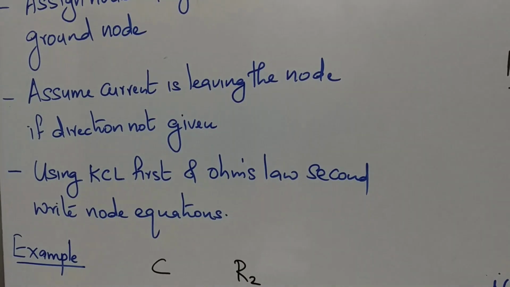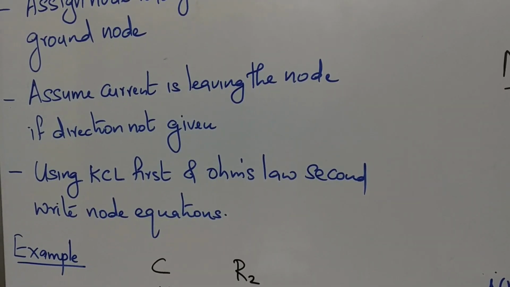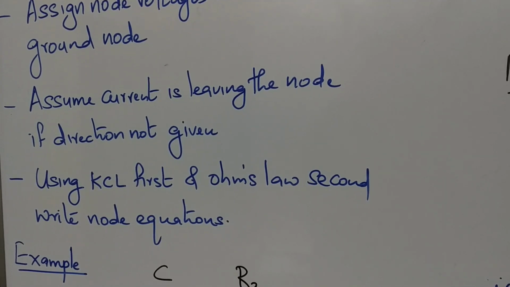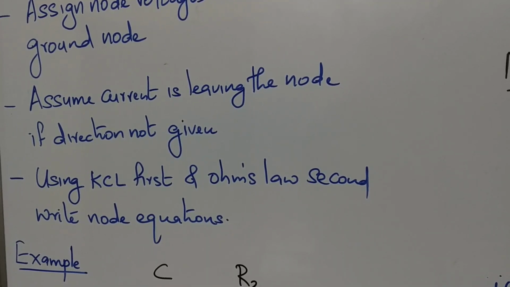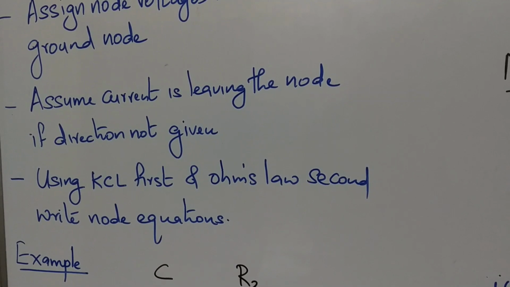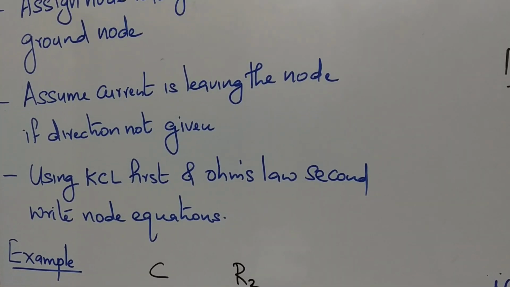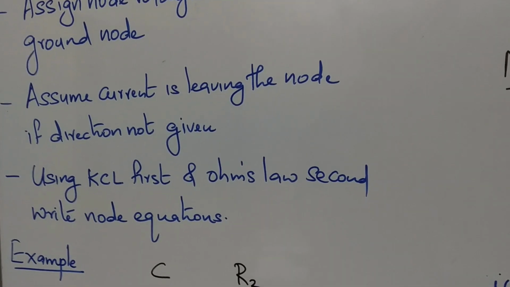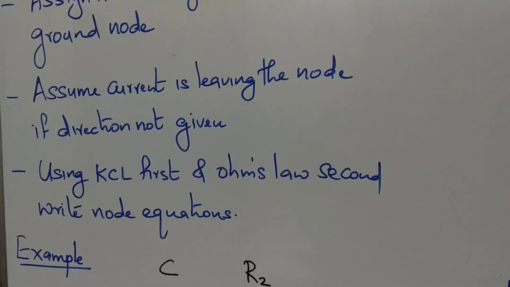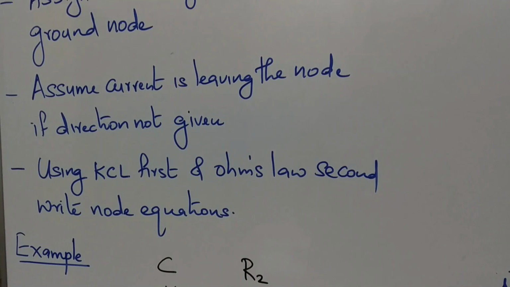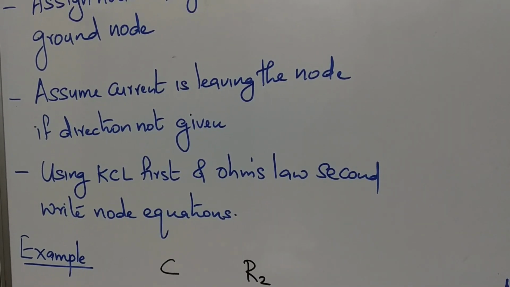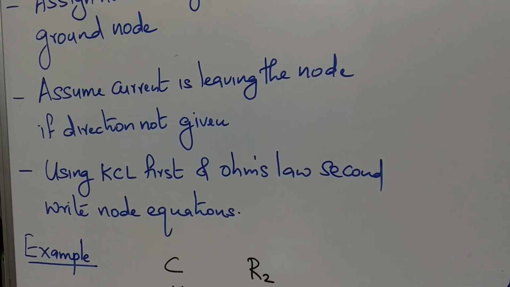What we follow here, or what I think is easier, is you blindly assign that current is leaving the node, except if the direction is arbitrarily given in the question. So you identify a node, you assign a voltage to it, and then you assume that current is leaving the node.